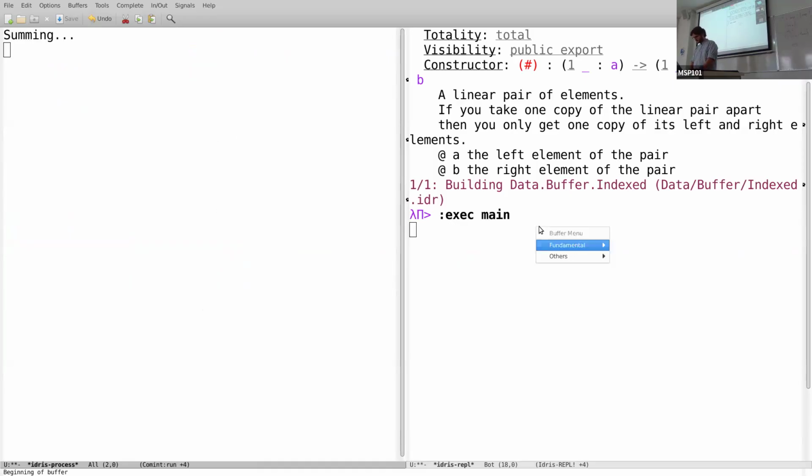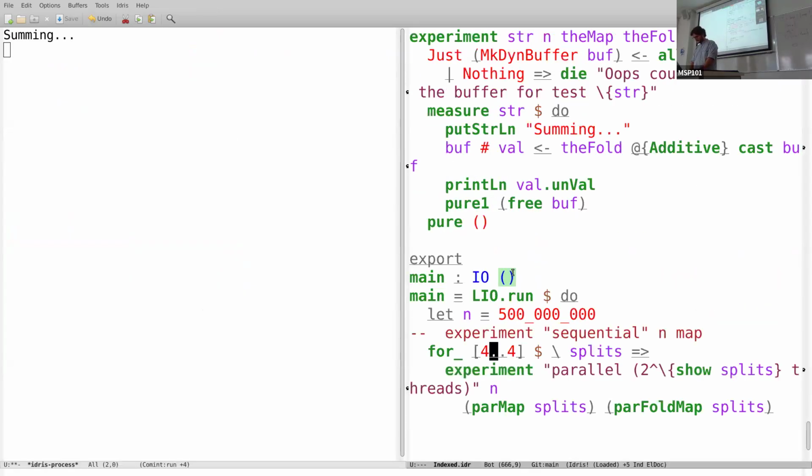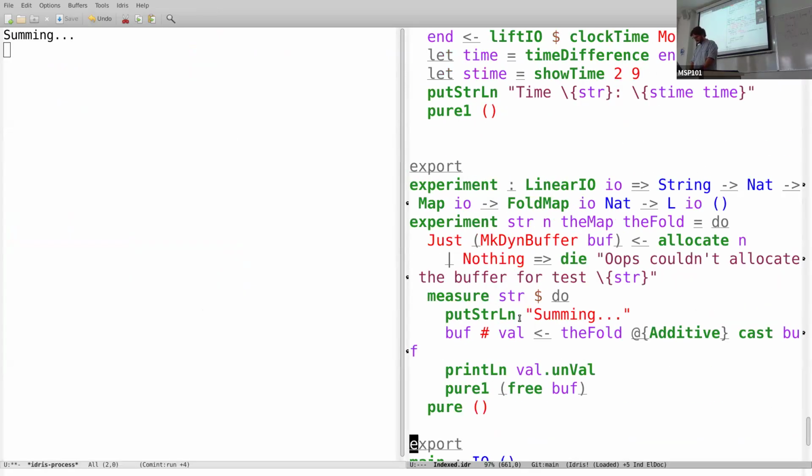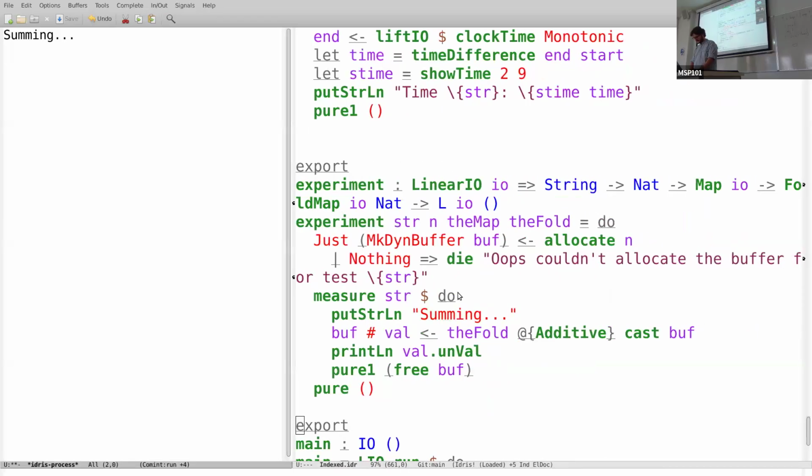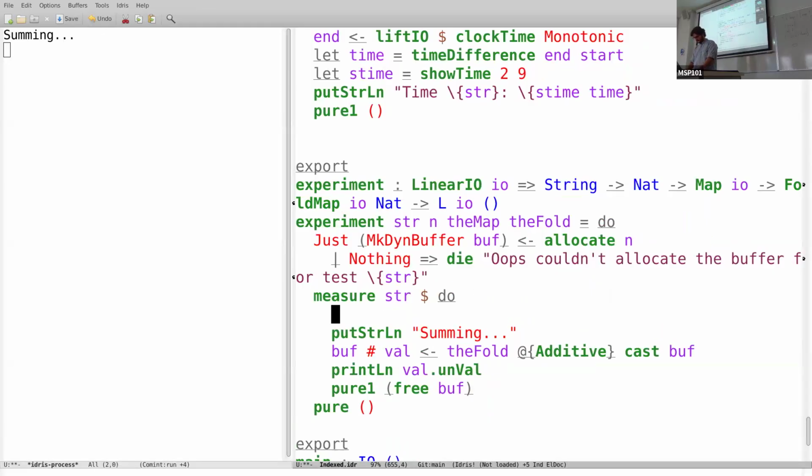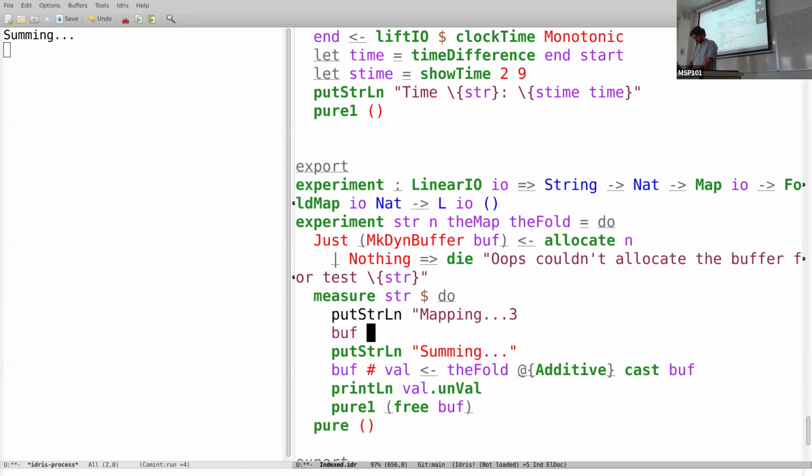Was there a robot? I've updated it. Mistake, close quotation mark. Right.